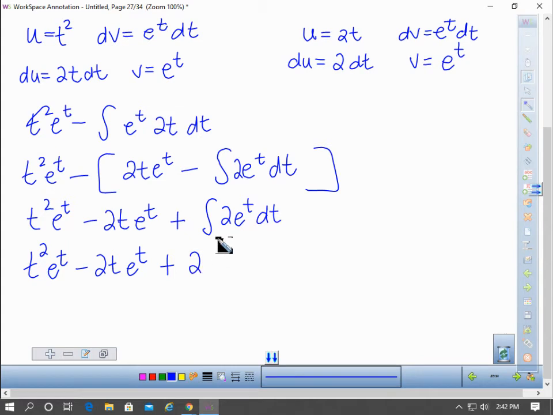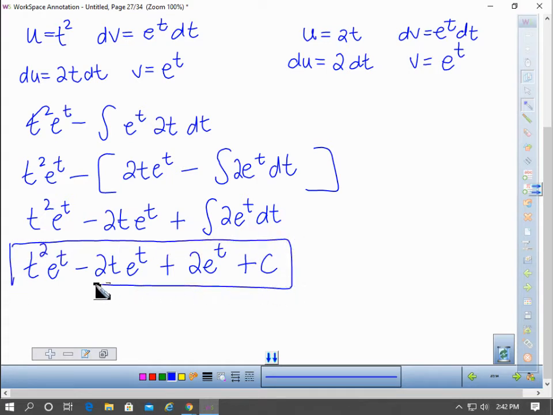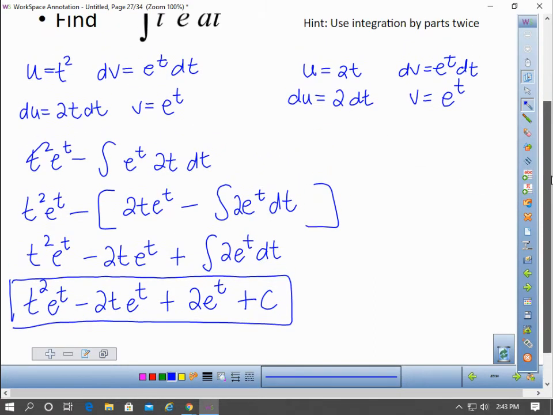Well, you keep your coefficient. Remember, e to the t is its own antiderivative, and then plus c. So voila, we are done. The answer is t squared e to the t minus 2t e to the t plus 2e to the t plus c. Boom, we're done. So we actually had to do the ultraviolet voodoo twice. And just don't forget, we had to distribute that little negative sign across when we did the second ultraviolet voodoo.